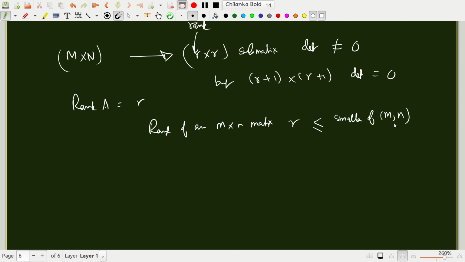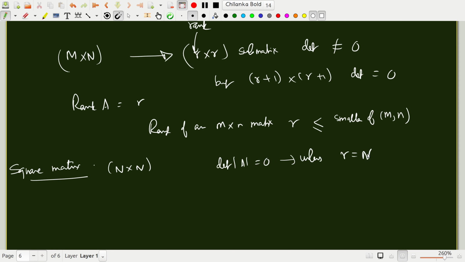Okay, for a square matrix, which is n by n in general, if r is less than n, that means the determinant of A is 0, or A is singular. Okay, the rank of A is sometimes denoted as R(A).